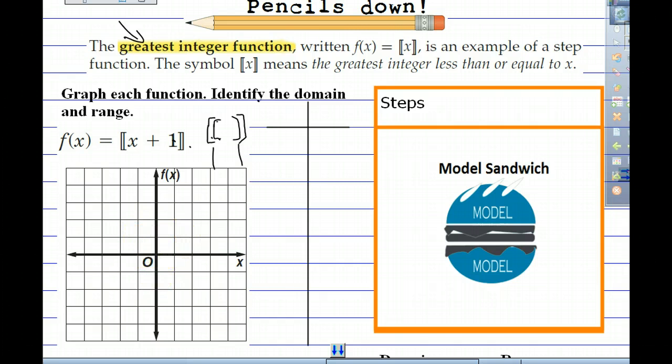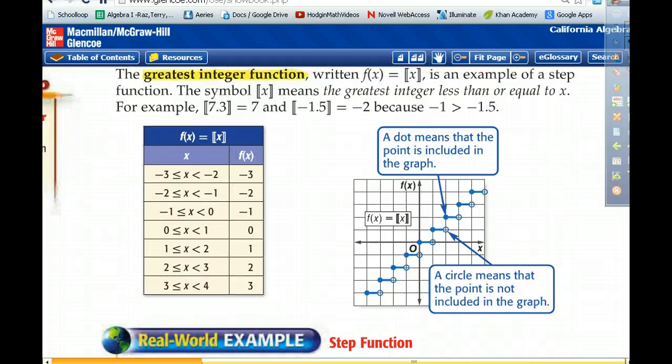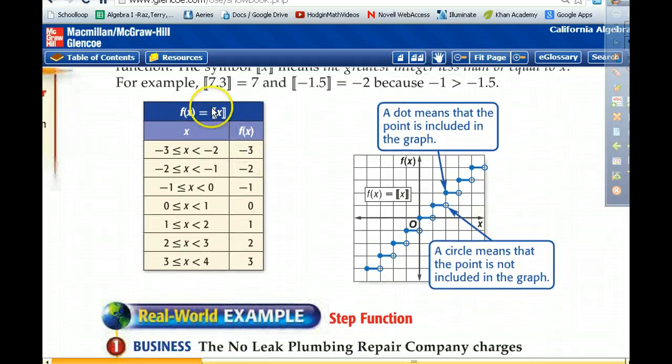So I'm just going to pull up a snapshot from your book, page 95. This is what just the regular old step function of x looks like, the greatest integer of x. You can see how it just goes upstairs, it just steps up. This is our parent function. Notice how we have the closed circles, because that's where it jumps, where we start making more money from 2 boxes, from $5 to $10, and we have those open circles.